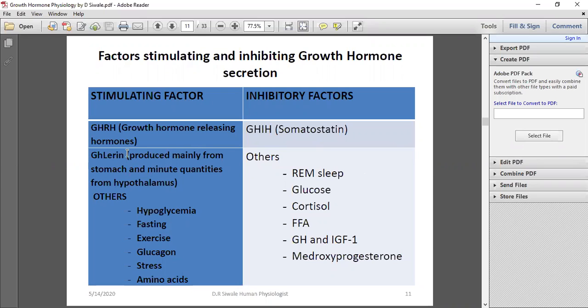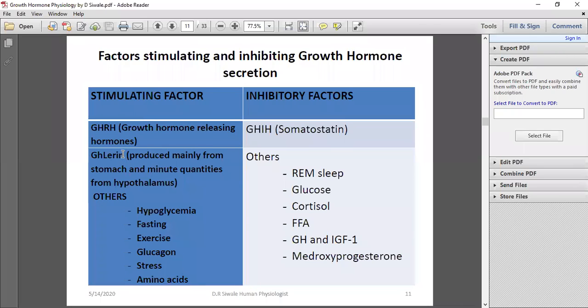Now we have others like ghrelin. Ghrelin is produced mainly from the stomach and minute quantities from the hypothalamus. This ghrelin is released whenever you are hungry. When somebody hasn't eaten for some time, there's a hunger hormone called ghrelin. It also stimulates the hypothalamus to produce growth hormone releasing hormone.